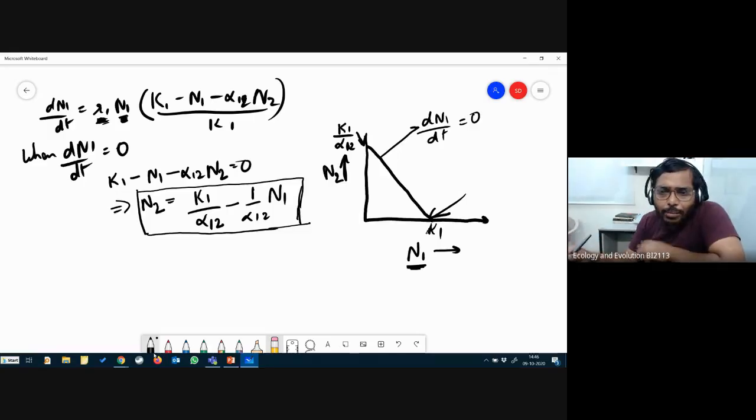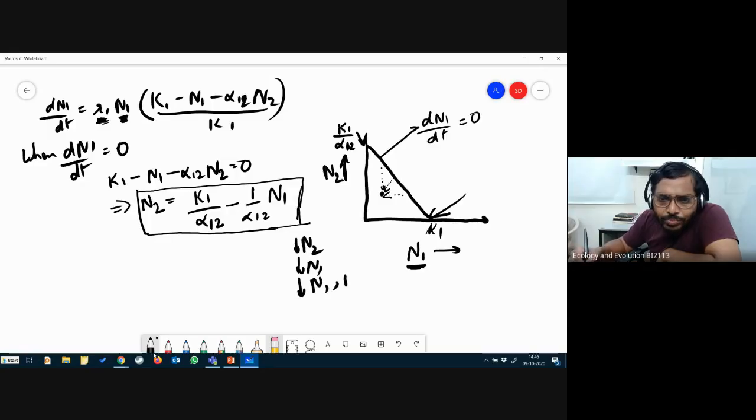Now, think about what's going to happen at all the points over here and all the points over here. Again, remember this line is dN1/dt equal to 0. Suppose we choose any point over here, which is below this line. You can think of this point as going down from this point, which means reducing N2, or going less in this direction, which means reducing N1, or reducing both N1 and N2, correct?